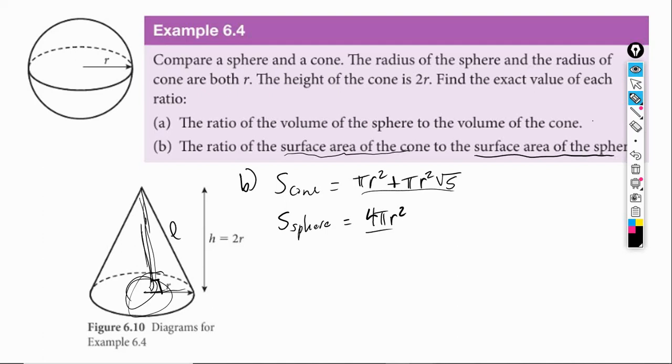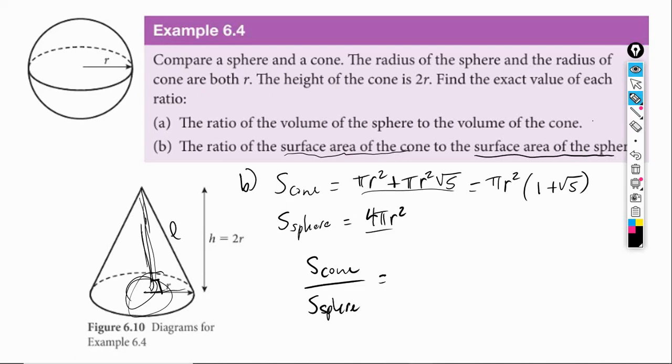We can do a little more simplification here. Notice that we have a common factor, which is pi r squared, and that times 1 plus square root of 5. So let's rewrite it as that. So then the ratio would be surface area of the cone over surface area of the sphere.